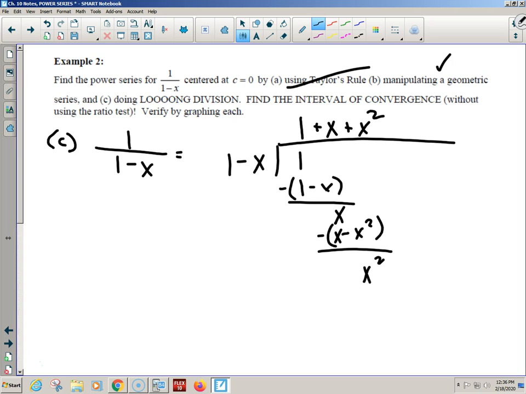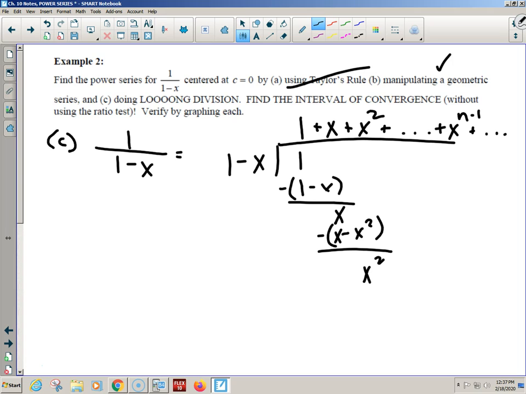I could have taught you this in pre-cal, algebra 2, algebra 1. Okay, maybe not. Algebra 2? Maybe not. Why is it long division? How long is it going to go on for? Forever.